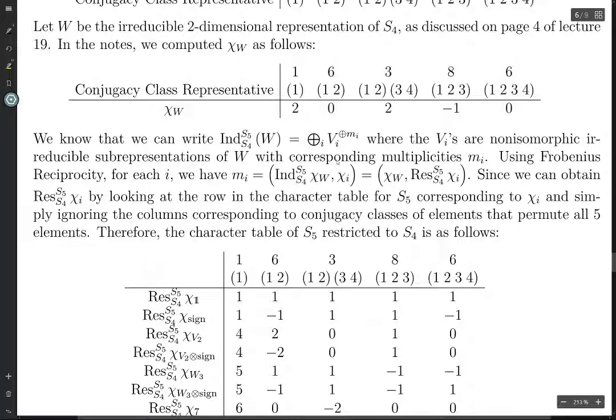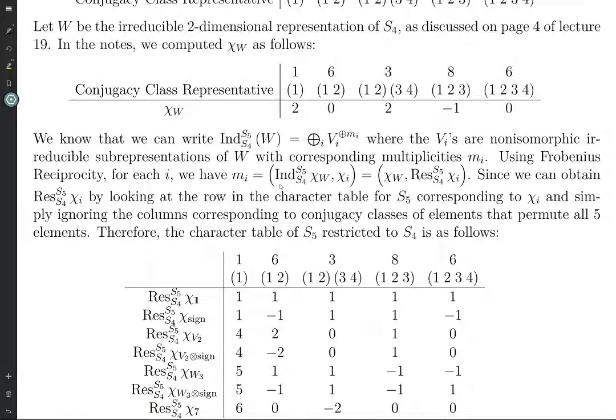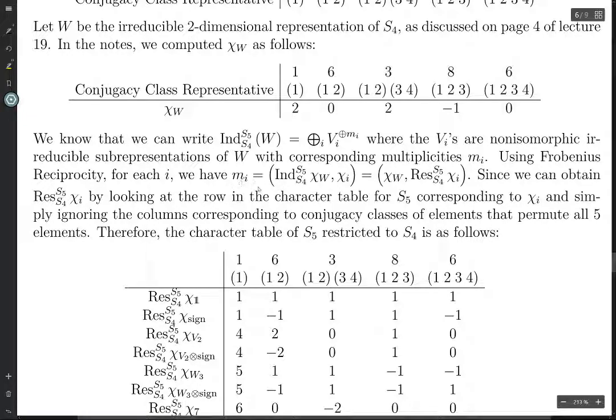We know that this is m_i: the number of times that the representation V_i appears as a subrepresentation of this induced representation is just given by this inner product.